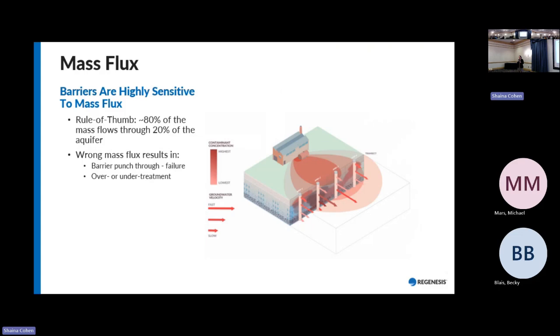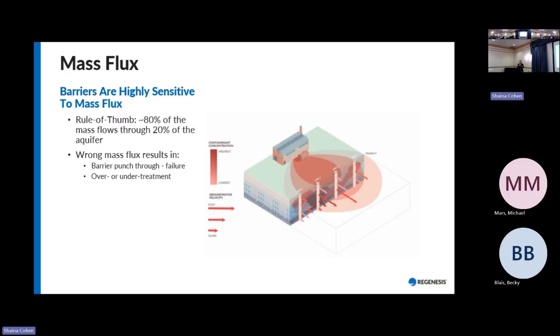Another key thing to consider, and Paul's going to touch on this later when discussing permeable reactive barriers, is that so often, even for bioremediation strategies, we're doing things in a barrier configuration. So I wanted to touch on it here as well. When we're implementing these solutions in a barrier configuration, mass flux is hugely important, right?